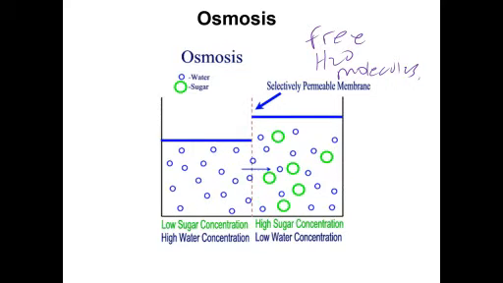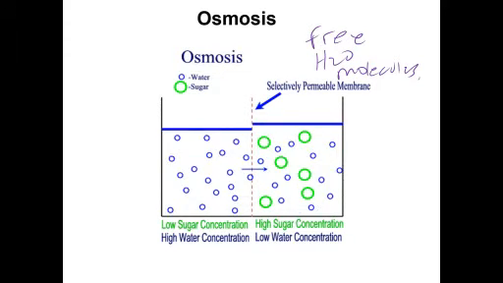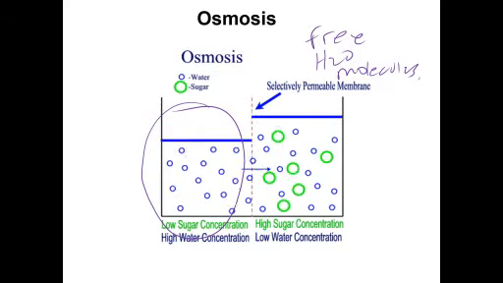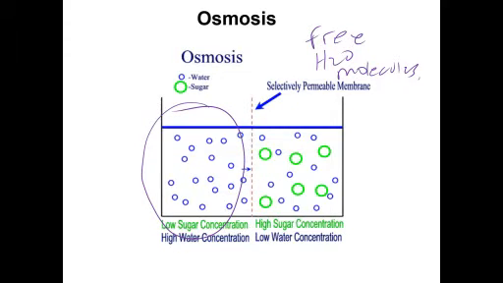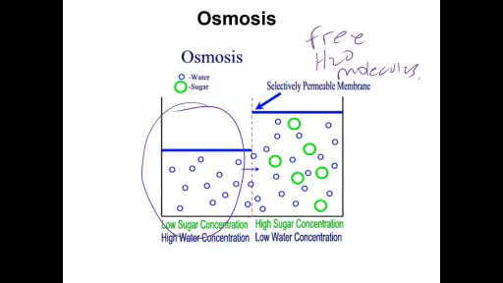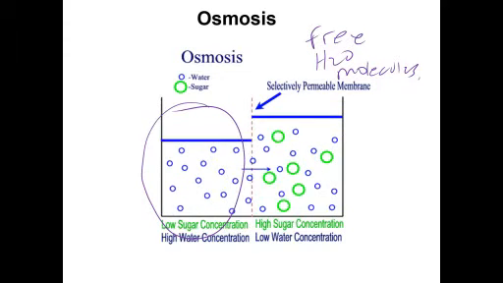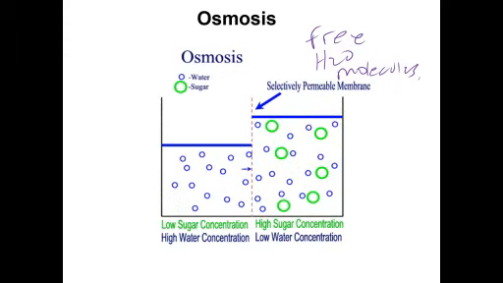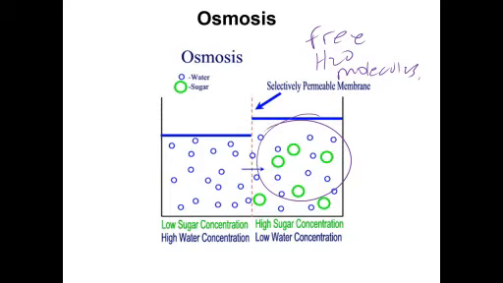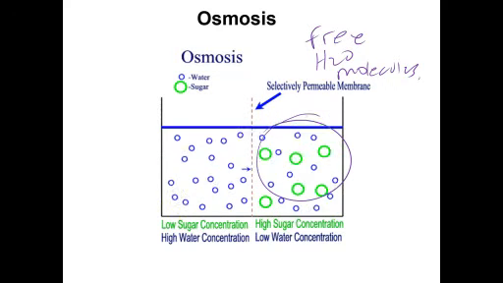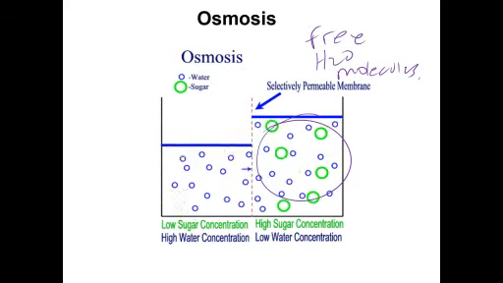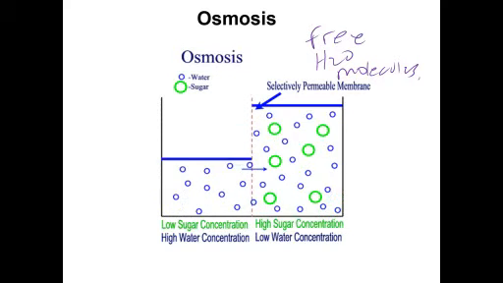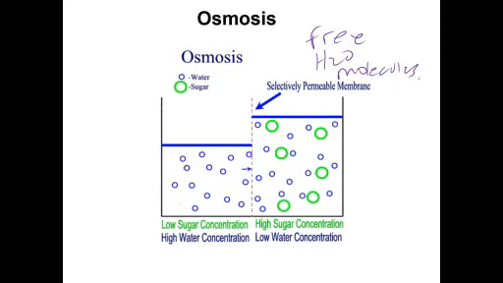Notice in this little animation, you initially have one side of the container with a high concentration of water and very little solute, or sugar in this case. And on the right side of the container, you have a high concentration of sugars initially and a lower concentration of water. Well, why is that the case? Why is it that you have a lower concentration of water on the right side initially?